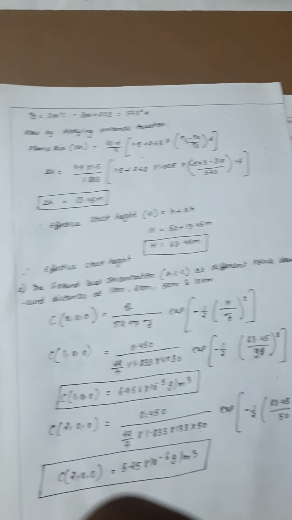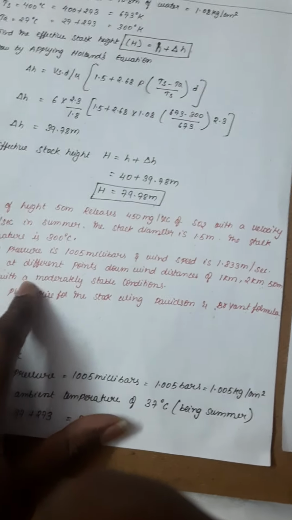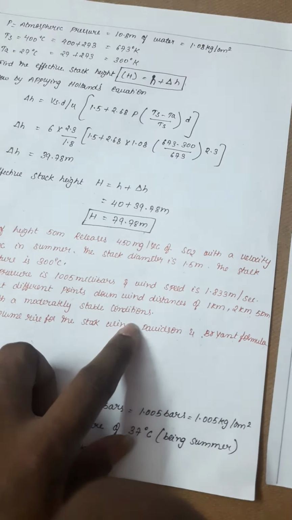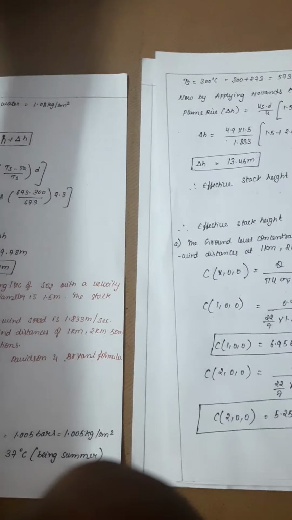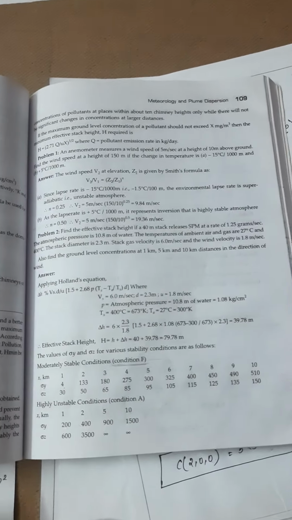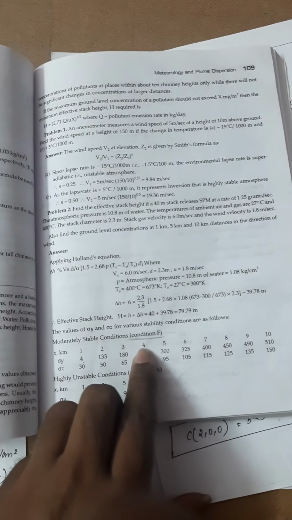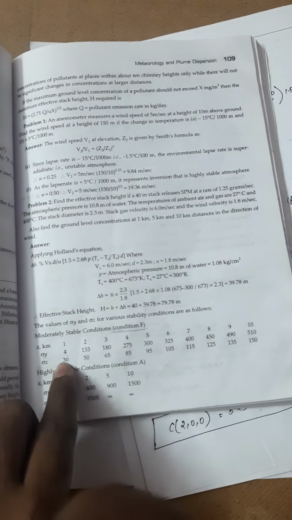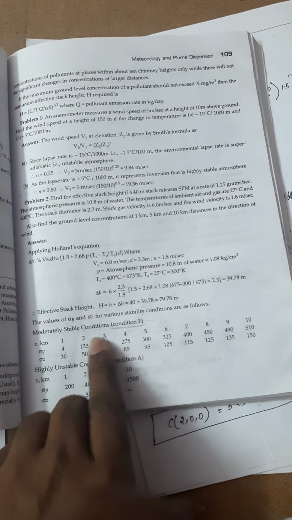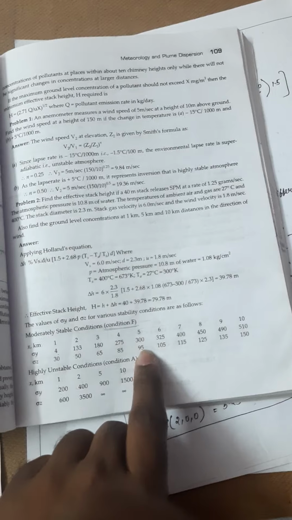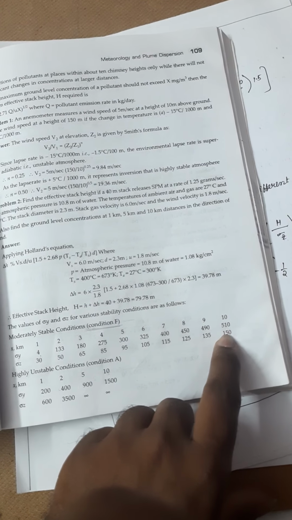They said simply we should do it considering moderately stable conditions. According to the Gaussian model, in the stable conditions, at 1 kilometer what are the y and z values, and for 2 kilometers, 5 kilometers and 10 kilometers, these are the sigma y and sigma z values.